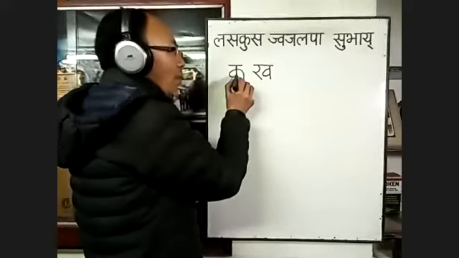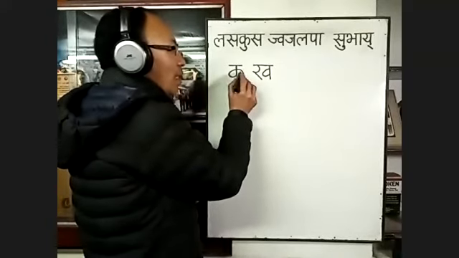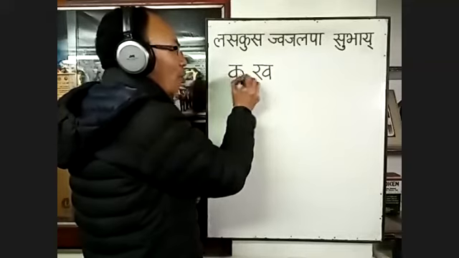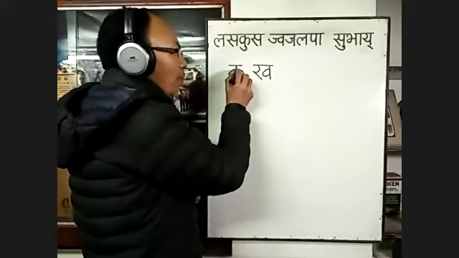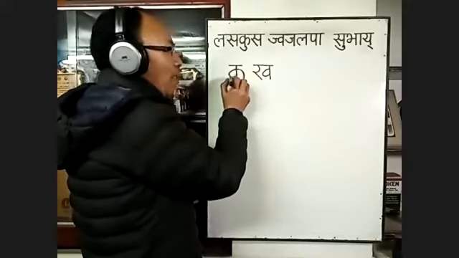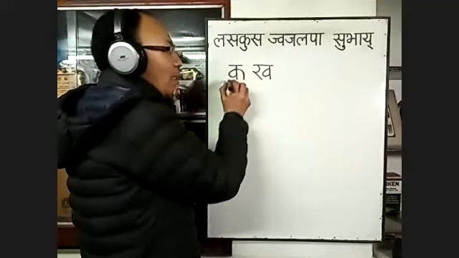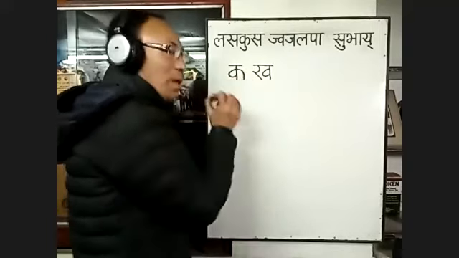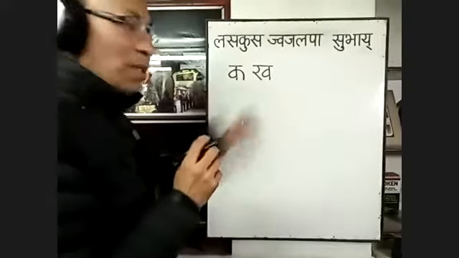So when you write ka, this hand should come out from the upper part of ka, but in Devanagari it comes out from the lower part. Here it comes out from the upper part, so you have to keep that in mind.